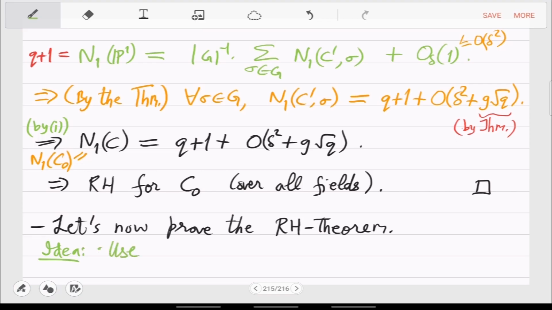So use L_A P. P is a point. For a single point, and for various A's, which are integers, you look at this vector space L_A P, and the actions of sigma.